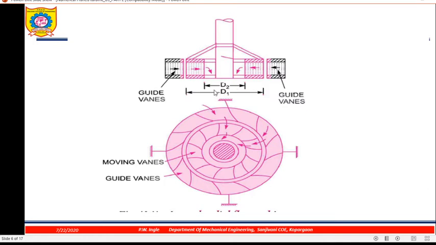This is very important. D1 is the diameter at inlet, D2 is the diameter at outlet, and B1 is width at inlet, B2 is width at outlet.